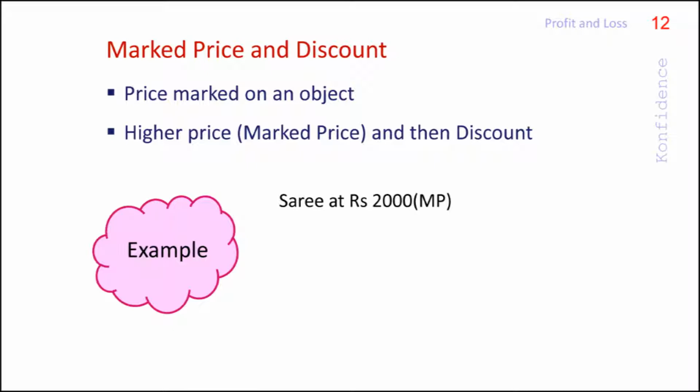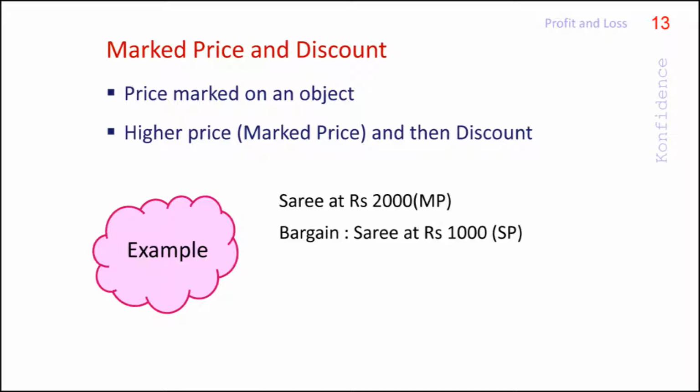That figure is what we call the marked price because what is marked there is 2000. Do we buy it at that price? No, we bargain. And suppose we get it at rupees 1000.